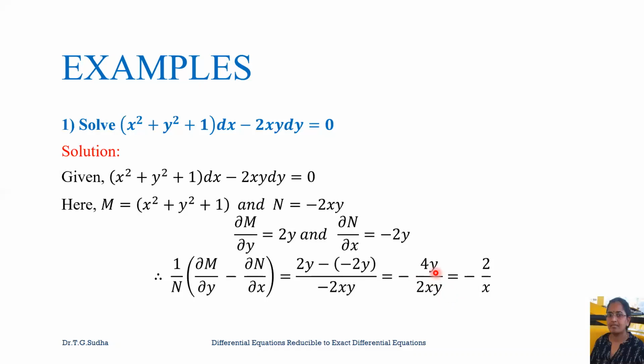So now we can cancel out y and cancel 2 and 4 here to get minus 2 by x.